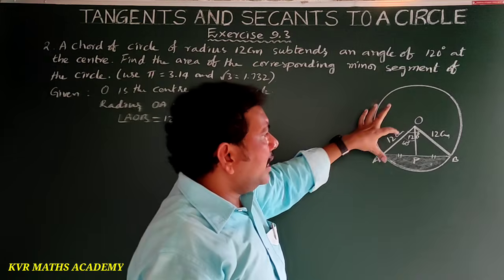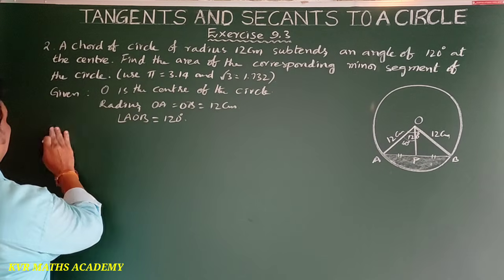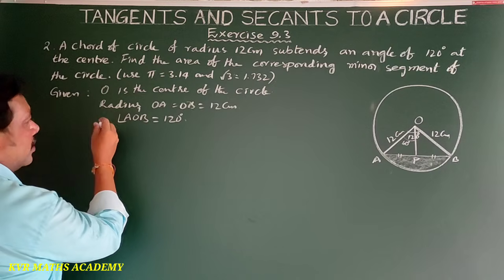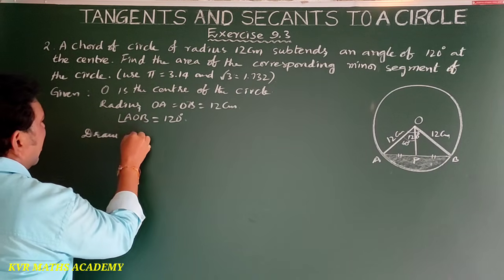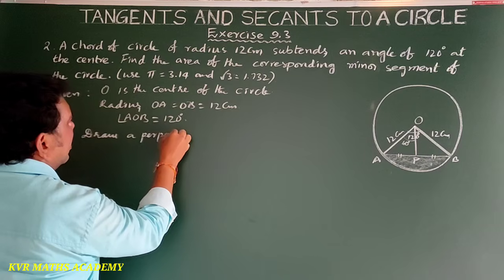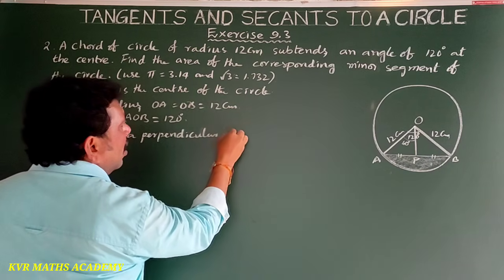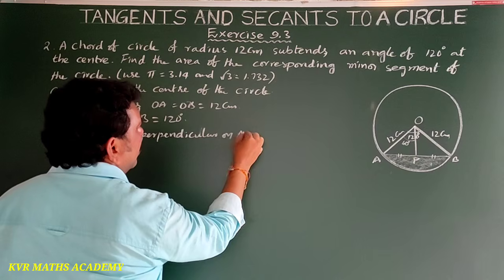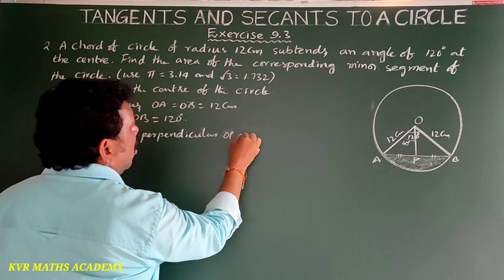So take in triangle AOP, right? Here draw a perpendicular on AB, perpendicular OP on AB.